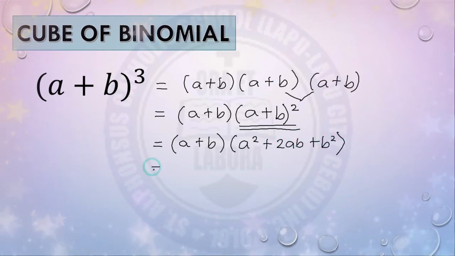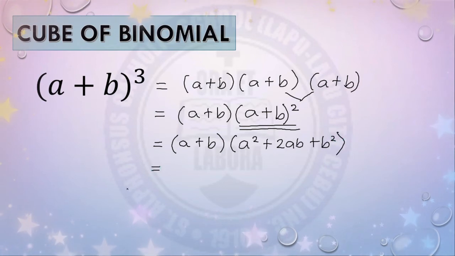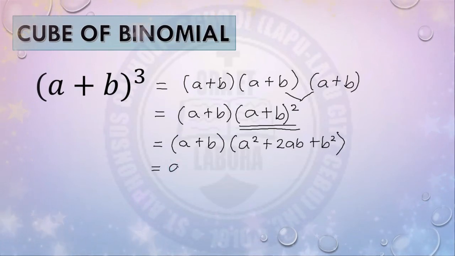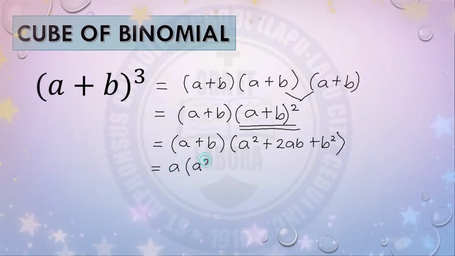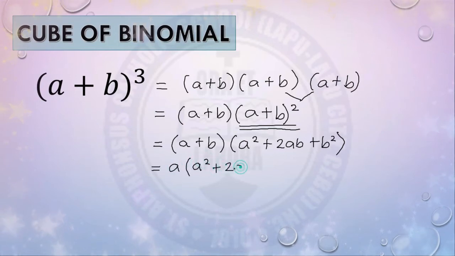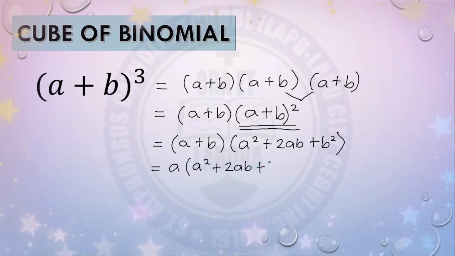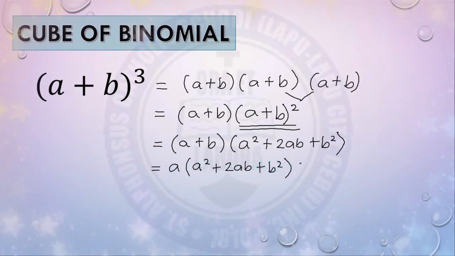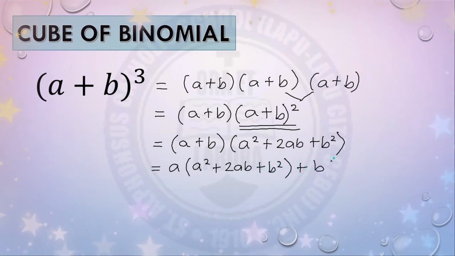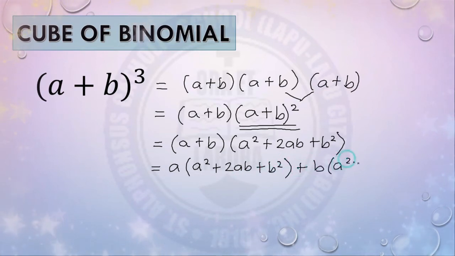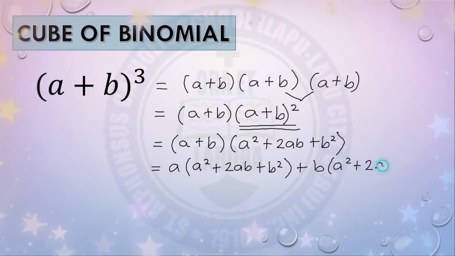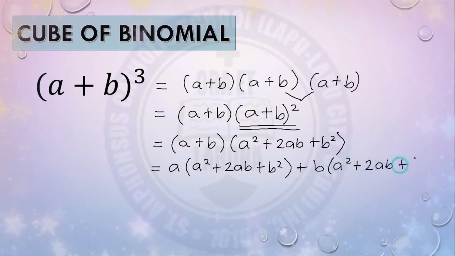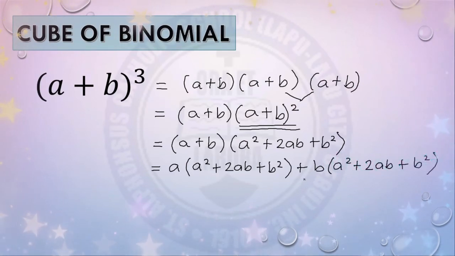And by the distributive property of equality, we're going to distribute a and b to the second factor. So it will equal a times a squared plus 2ab plus b squared plus b times a squared plus 2ab plus b squared.